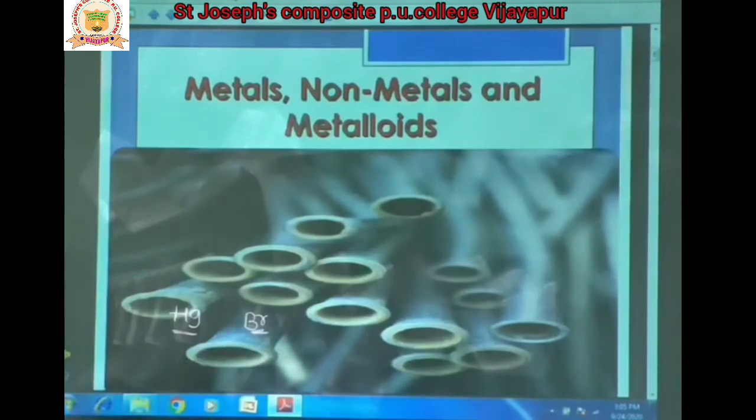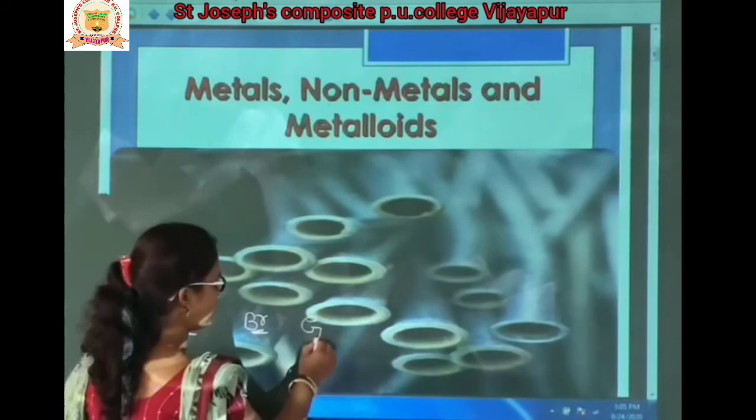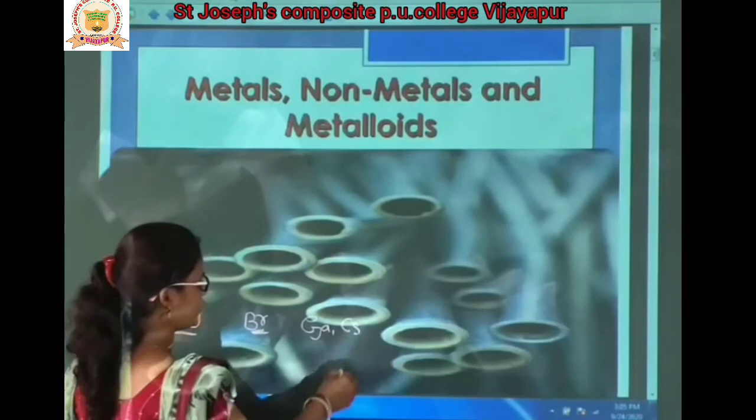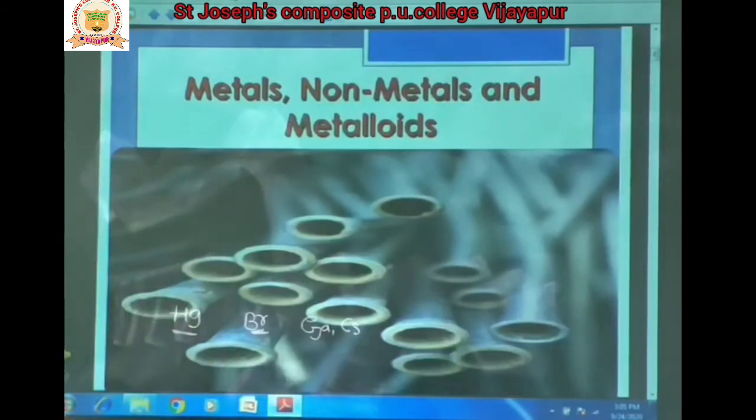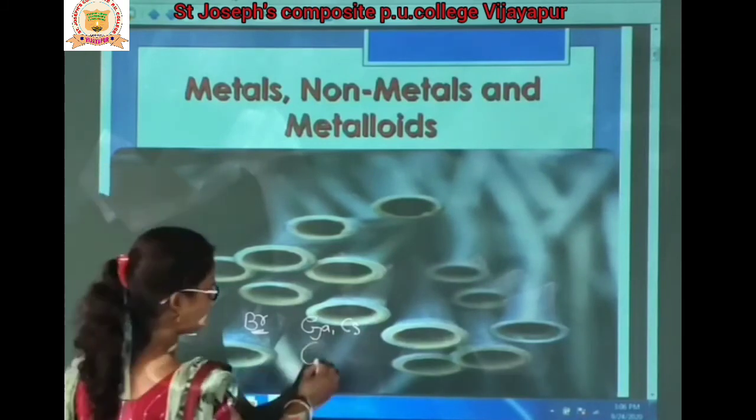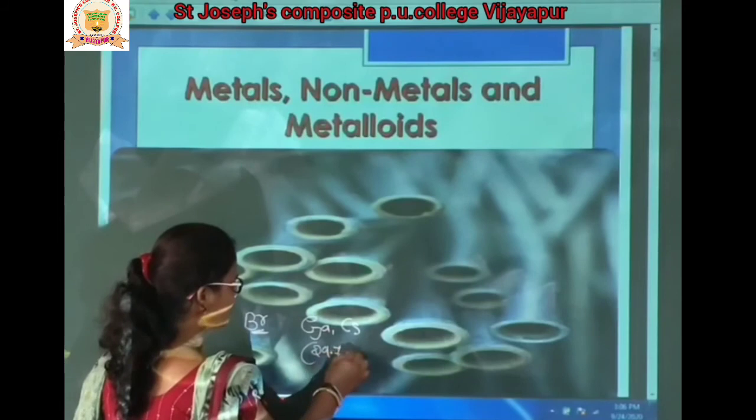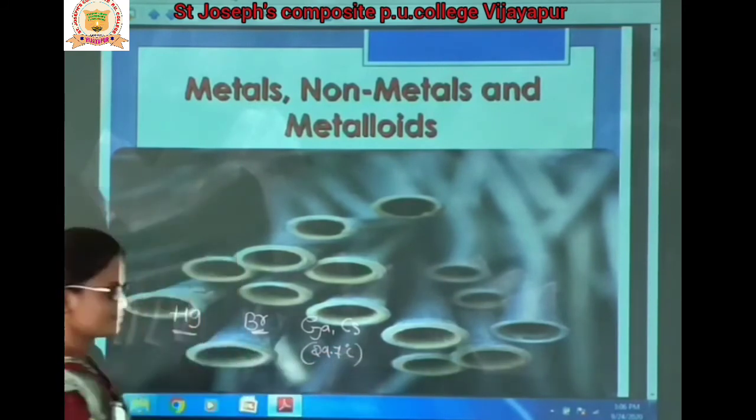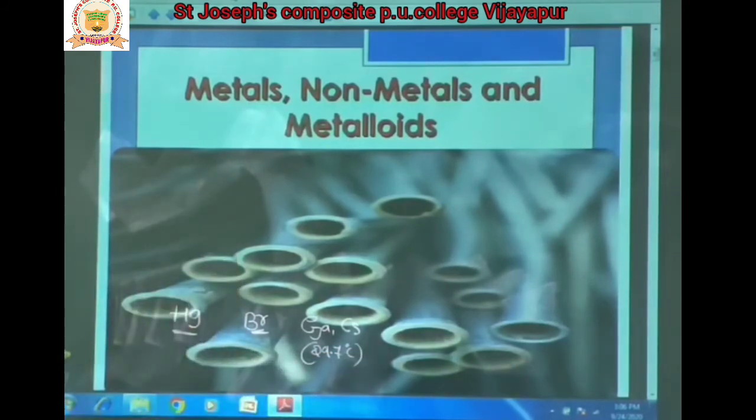And name the metals that convert to liquid when placed in our palm. The two metals are gallium and cesium. When placed in our palm, they convert from solid to liquid at a temperature of about 29.7 degrees Celsius.